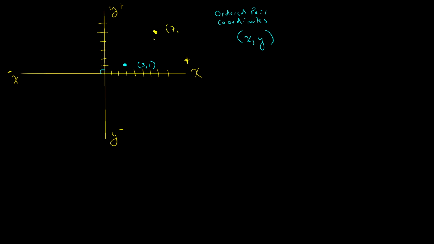I want it at 7 and 4. So we'll make it down there at 7 and 4. Let me clean off the other one here. We'll do a little cleanup. And so I have 2 points.